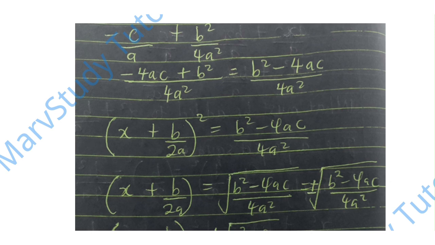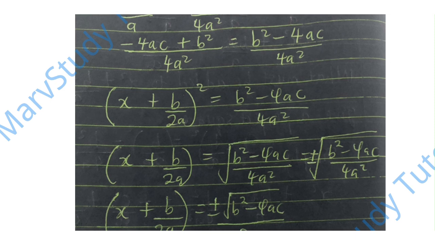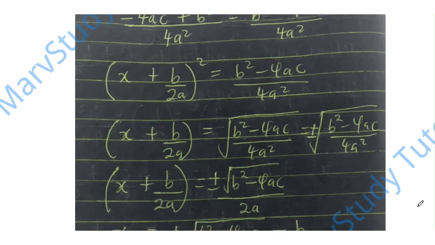So we have x plus b over 2a equal to plus or minus the square root of b squared minus 4ac all over 4a squared. We find the square root of the top and the bottom. We can simply find the square root of 4a squared as 2a, because 2a times 2a gives us 4a squared. So at the end, we could write it as plus or minus the square root of b squared minus 4ac all over 2a.